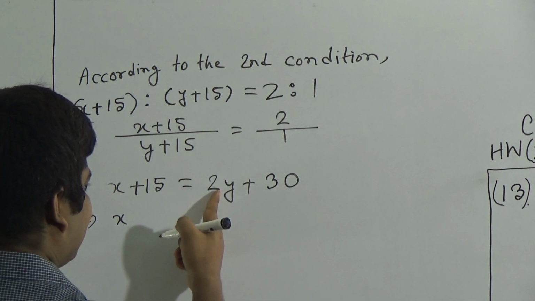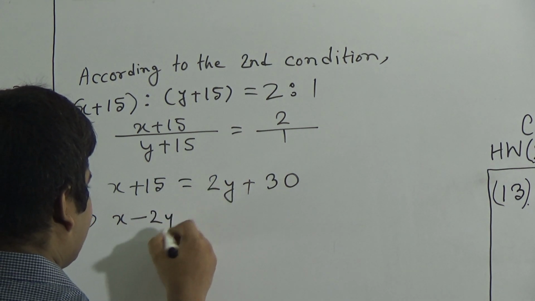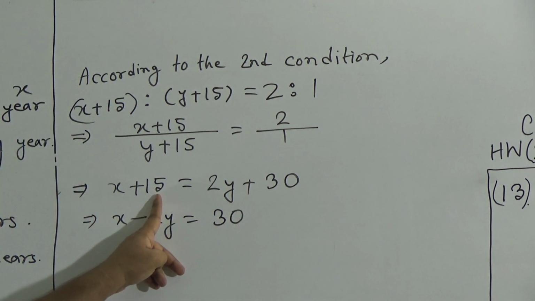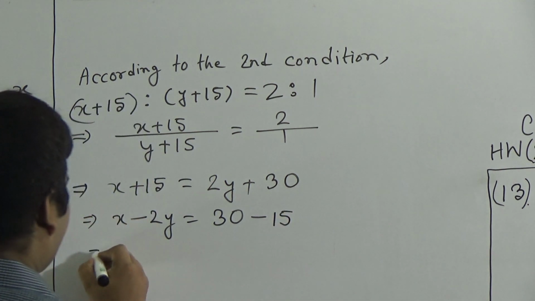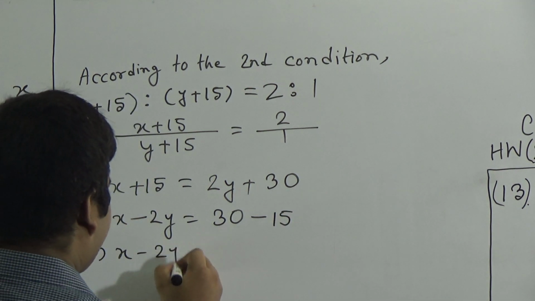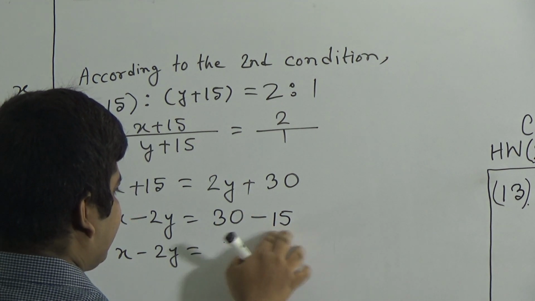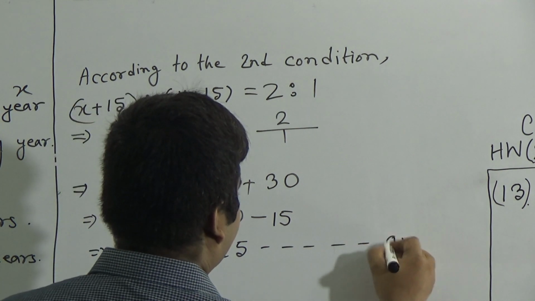That means it changes right hand side to left hand side. That means minus twice y equal to 13. This 15 changes its position. That means it will be minus. Okay, minus 15. Now x minus twice y equal to, if we subtract 15 from 13, then we get 15. This is equation number 2.